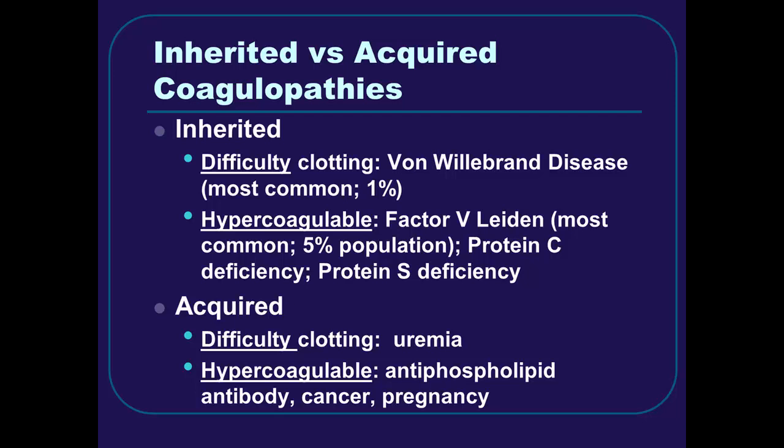Then those antibodies encourage clotting. So what type of immune disorder might you see this in? Yes, you'll see this in autoimmune disorders like lupus or rheumatoid arthritis.